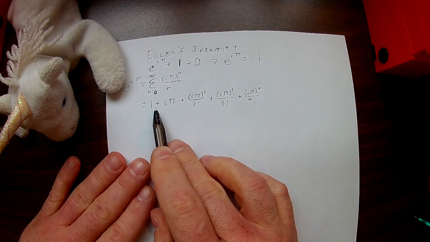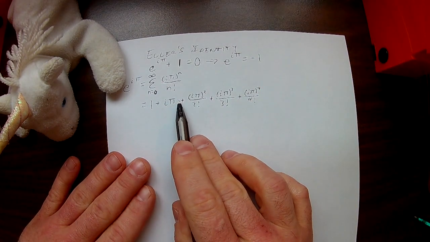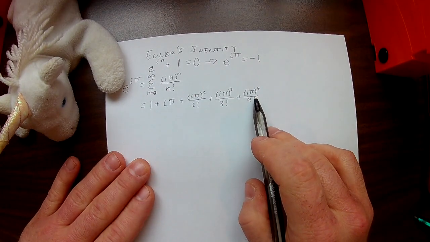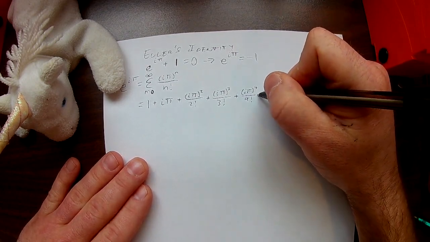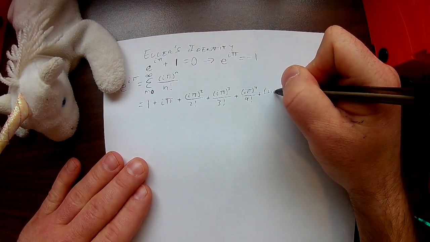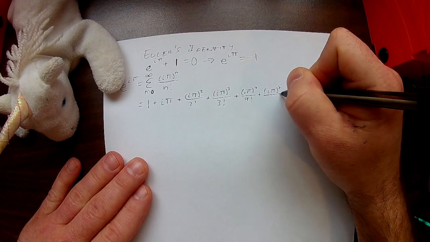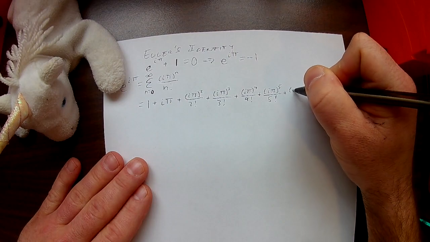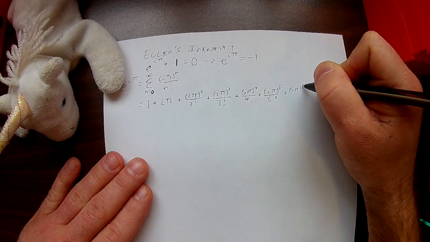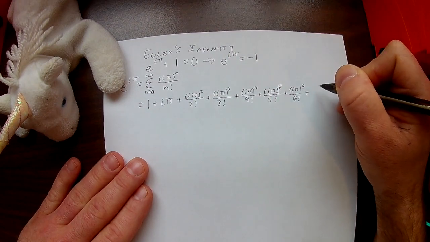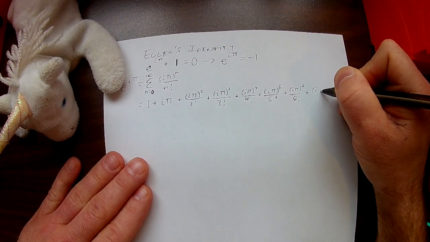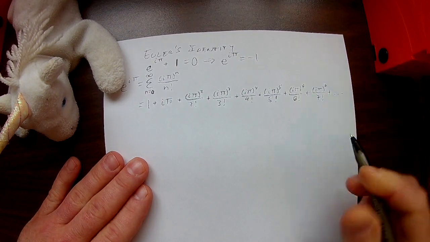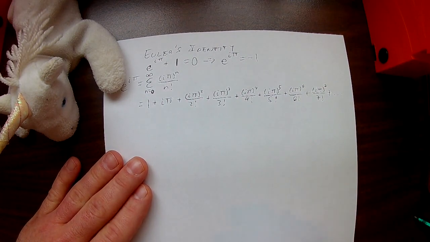Now, I'm going to remind you guys that when you raise i to a power, you get that 4-step cycle. So just going up to the 4th power, I'm only going to go through that cycle once, so I'm actually going to go through this multiple times. It's going to seem a bit ridiculous that I have so many terms up here, but trust me, I need them. Plus i pi to the 6th over 6 factorial plus i pi to the 7th over 7 factorial, etc. I think I'm going to have enough with just that number of terms on there.